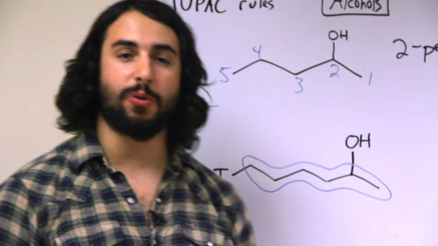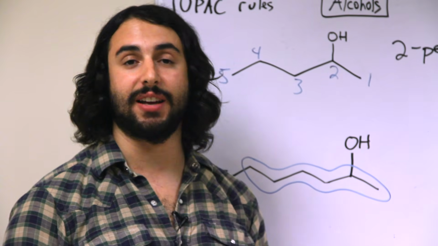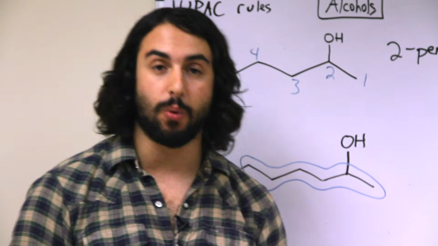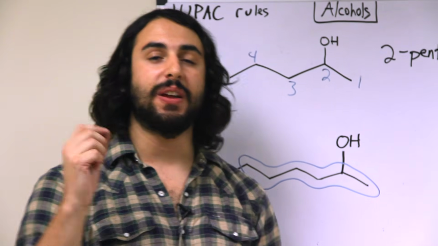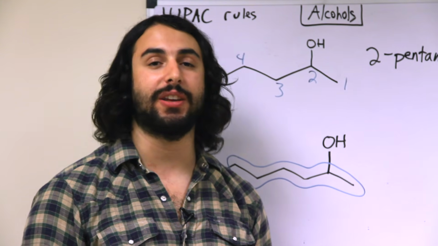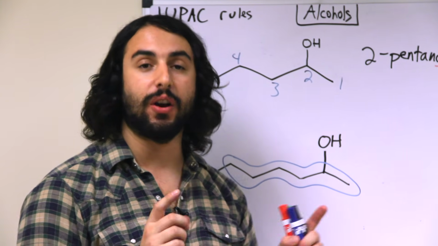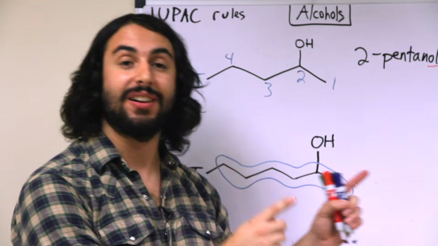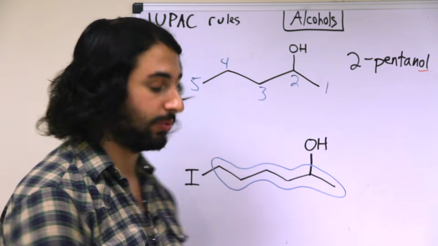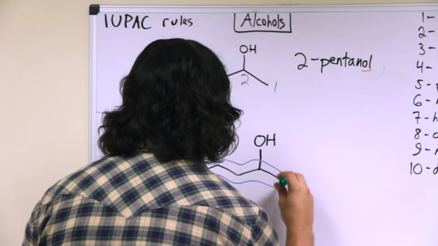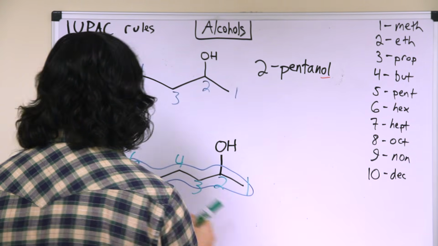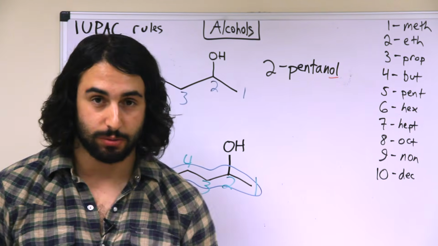However, whereas before we would probably have decided to number left to right because an iodo group would occur on carbon 1 if we number from the left, because the hydroxyl group takes priority over any alkyl or halogen substituent, we are going to have to number from the right to the left because that will specifically give the hydroxyl group occurring soonest.